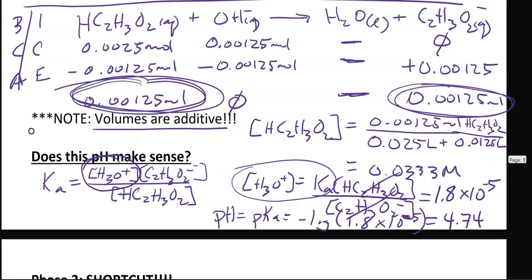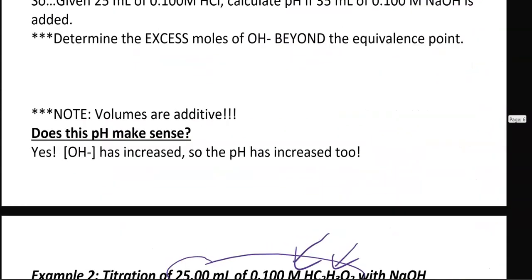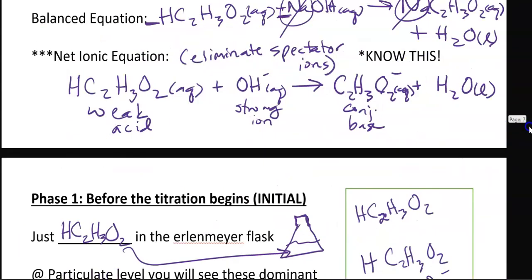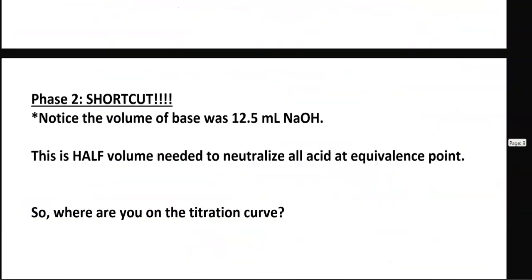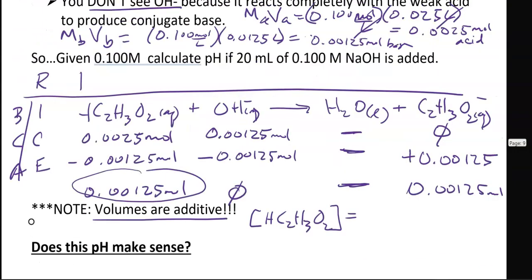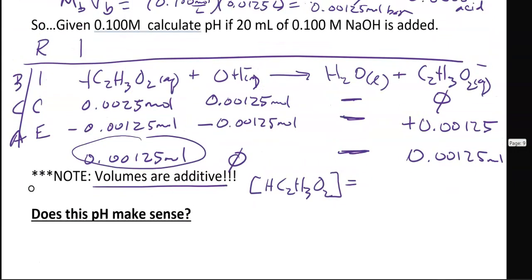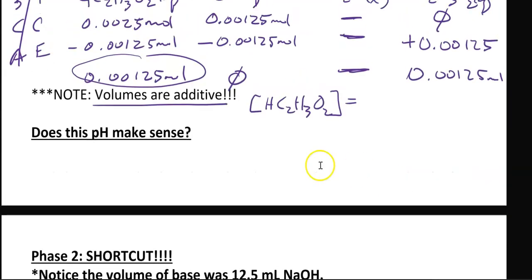Go back and look. My initial pH was 2.87, and now it has crept up a little bit, and it's at, what did we say? 4.74.